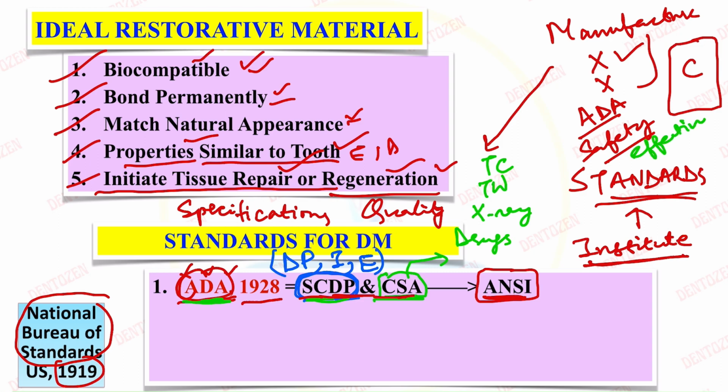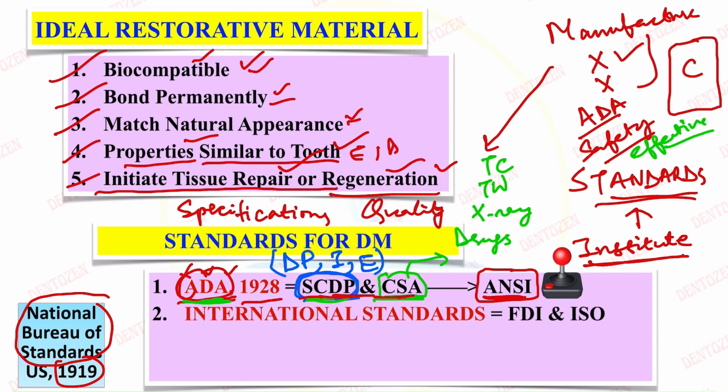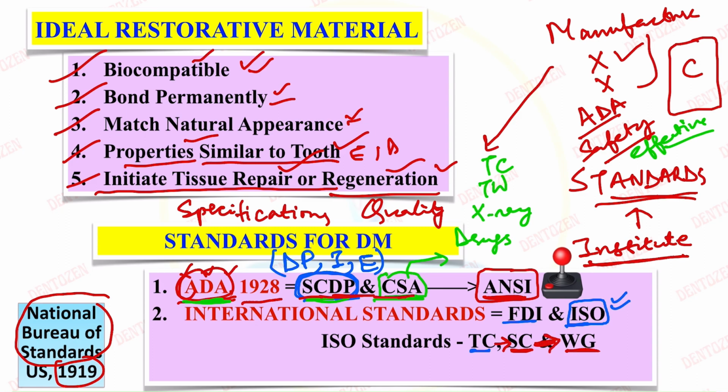Now at international level, we have 2 organizations, that is Federation Dentaire International and International Organization for Standardization, ISO. Now this ISO further has technical committees. Technical committees are further divided into subcommittees based on the specific area they deal with. Subcommittees are further subgrouped into working groups based on the specific product they deal with.